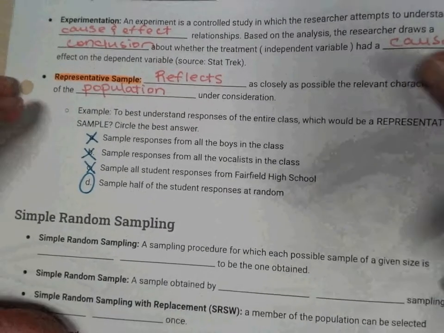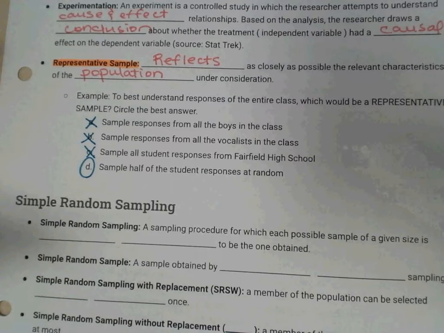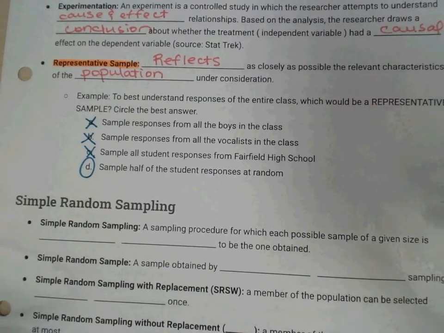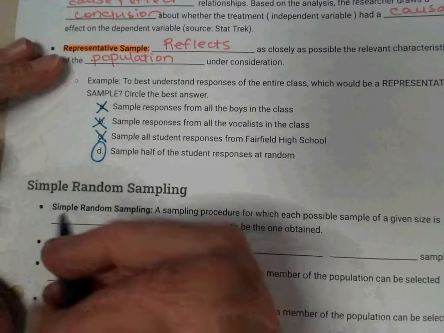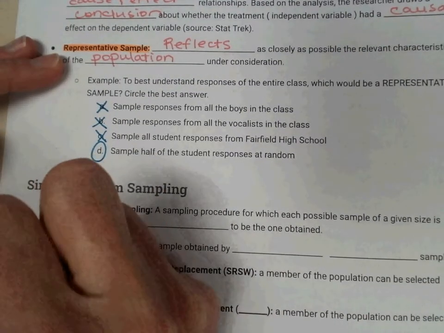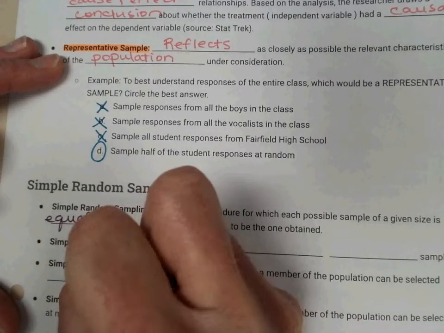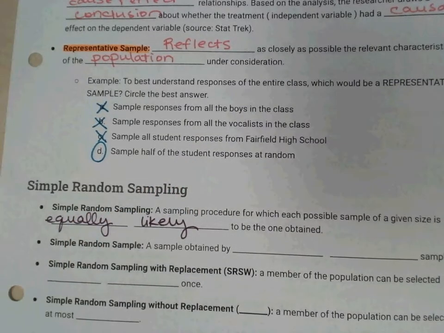So one particular type of random sampling is called simple random sampling. The formal definition says: a sampling procedure for which each possible sample of a given size is equally likely to be the one obtained. So simple random sampling is where literally I give everyone a number in the class and I put them in a bowl and I pull out numbers and sample people at random based on the number that I chose.